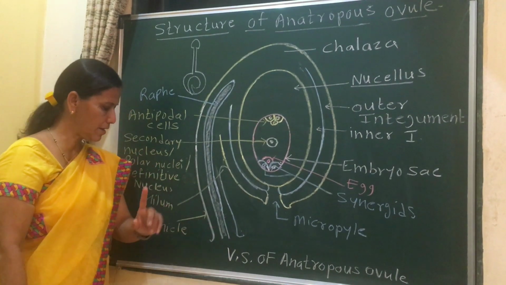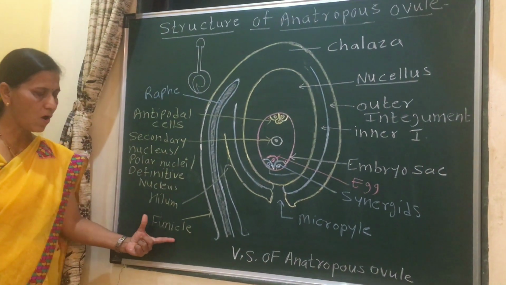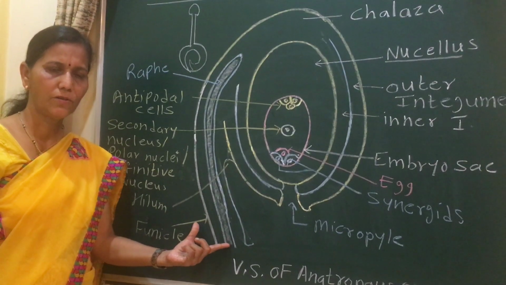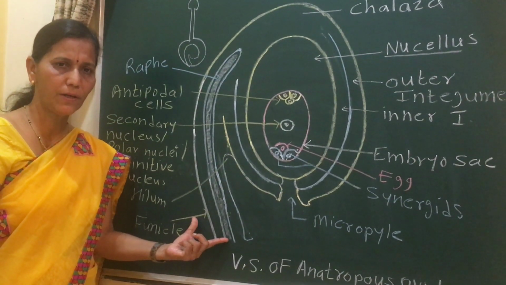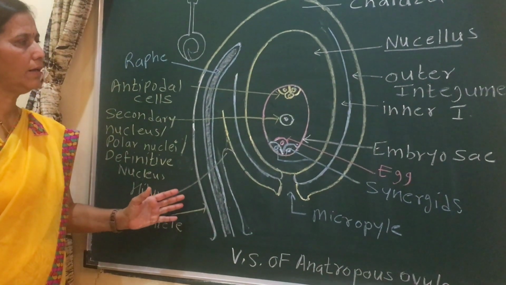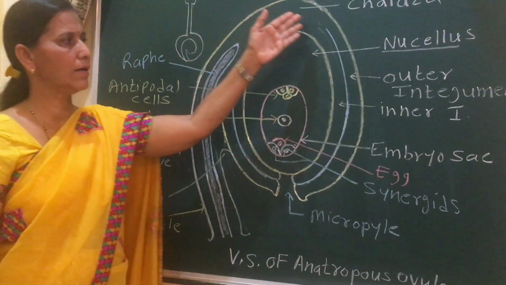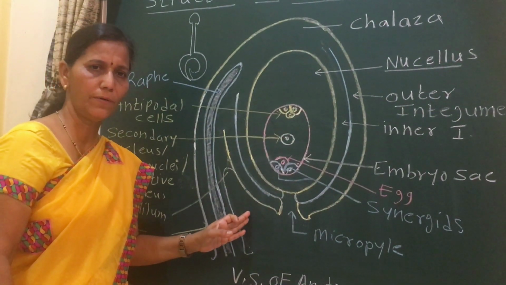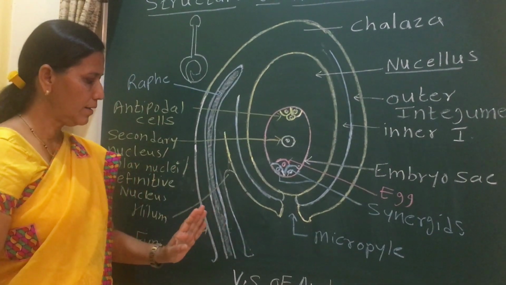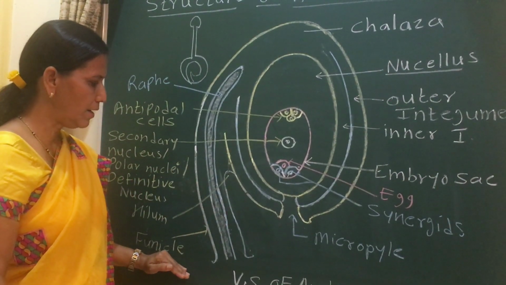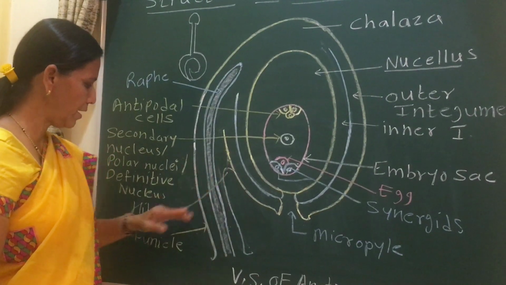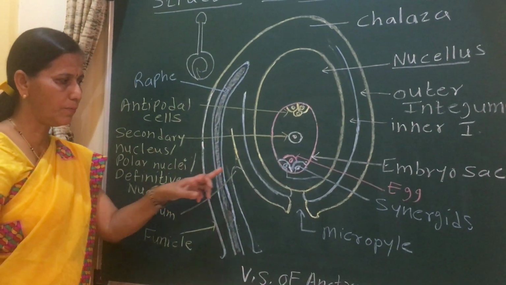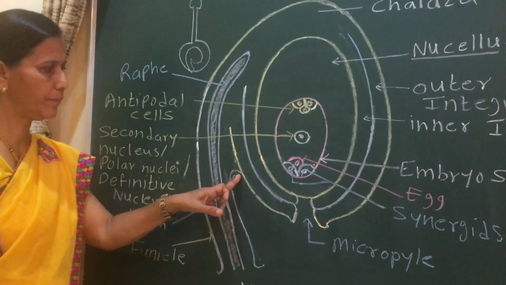Let's see the structure. First, the stalk of ovule is called as funicle. Then this solid portion is called as body of the ovule. And this funicle gets attached to the body by hilum.